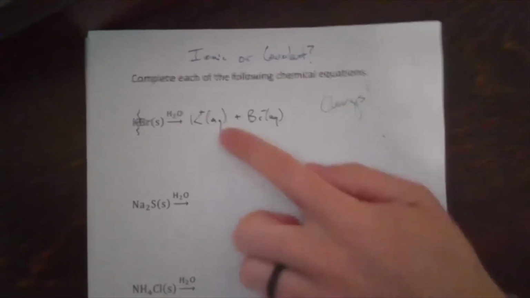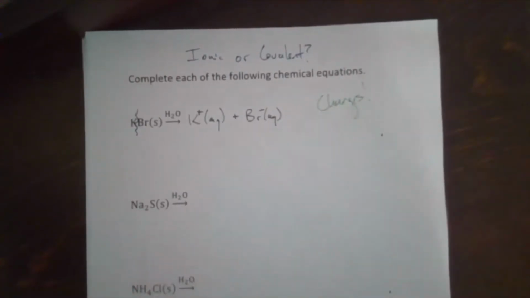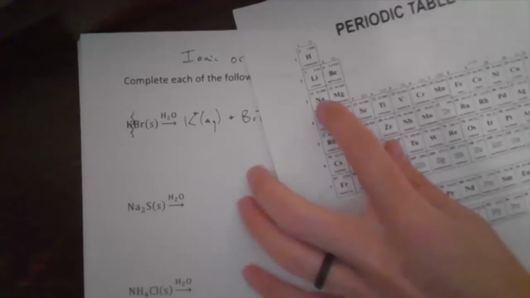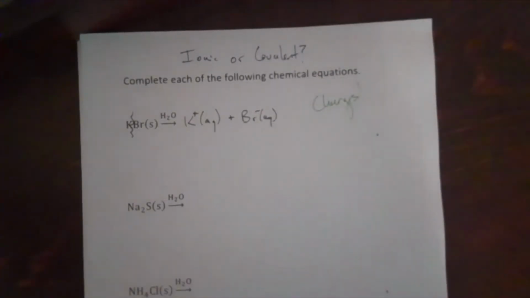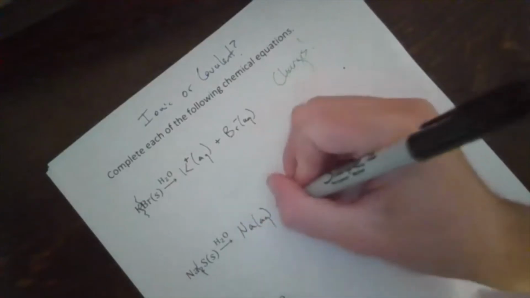Okay, so far so good. Let's take a look at Na2S, sodium sulfide. Sodium is right below on the periodic table, or right above, sorry, potassium on the periodic table. So that is also going to be ionic. So this is going to break right there. So we know we're going to have Na aqueous and S aqueous.